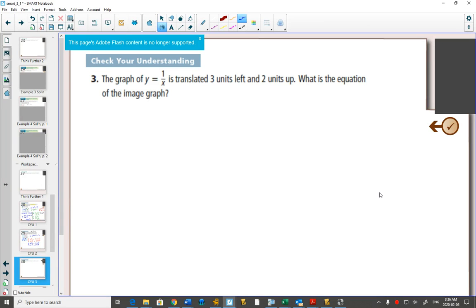So one of the things when you start reading a question like this one, it starts off with the graph of y equals 1 over x. And in that moment, your brain should go, hey, that's one of the graphs that we did. And in your mind, you already have the graph with its asymptotes at y equals 0 and x equals 0 and the shape of it like this.